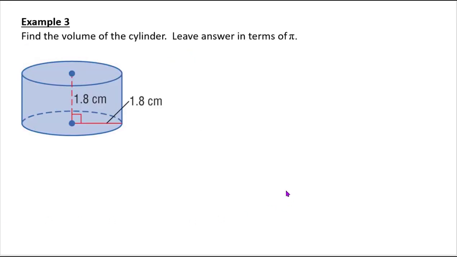Okay, find the volume of the cylinder. Leave answers in terms of pi. So my volume is pi r squared times by my height. So volume equals pi times 1.8 squared times by my height, which is 1.8.